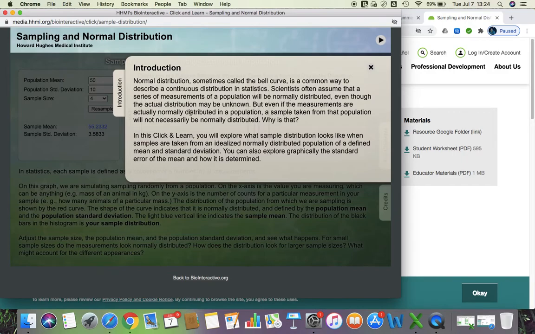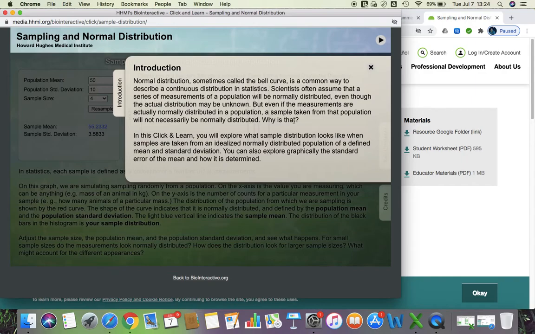Even if the measurements are actually normally distributed in a population, a sample taken from that population will not necessarily be normally distributed. So why is that? Let's say that out of the entire school, Pritzker, I only sample people who are on the basketball team. Now, typically we think of people who play basketball as being tall, so I'm going back to the height thing. If I just measure the height of people playing basketball, that's a sample from Pritzker, but it's not going to be representative of the school's population.